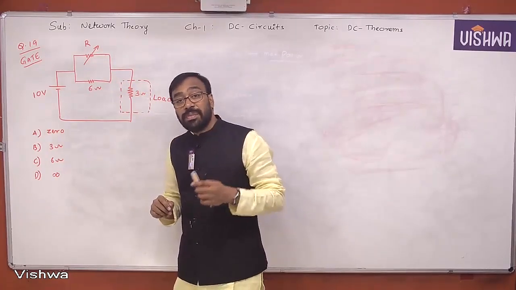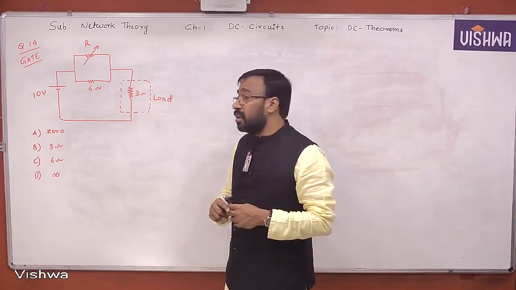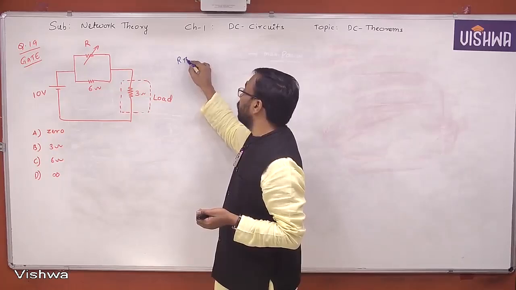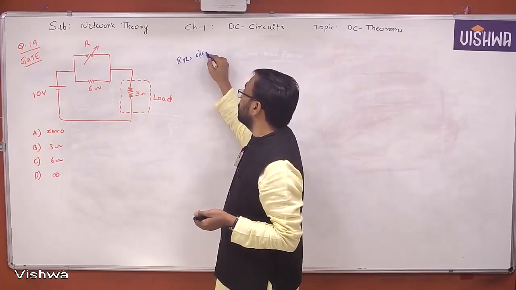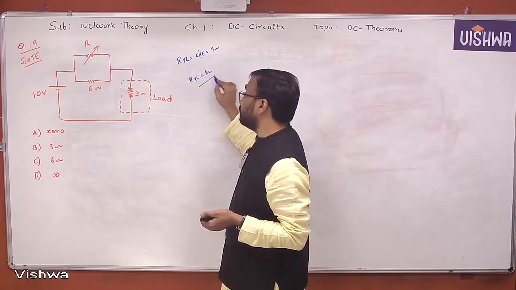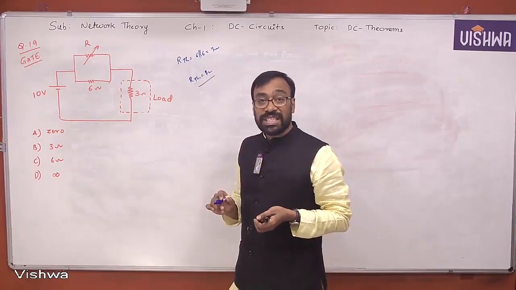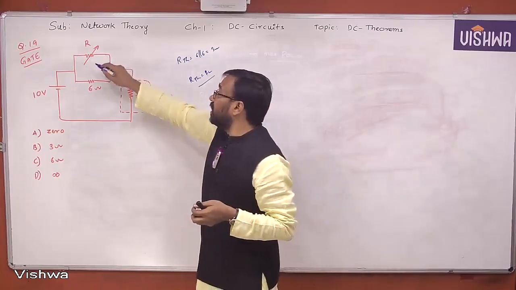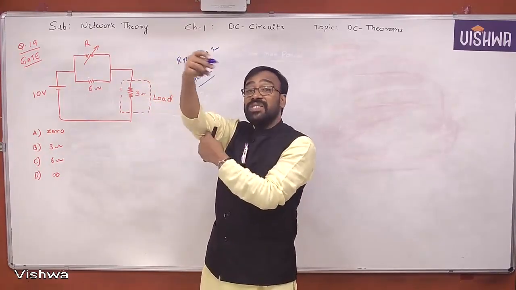In that particular procedure, what are you trying to do? You are trying to get RTH equal to 6 parallel 6, that is 3 ohm. And you are trying to make RTH equal to RL. You understand? You are trying to vary this R so that RTH will become RL.